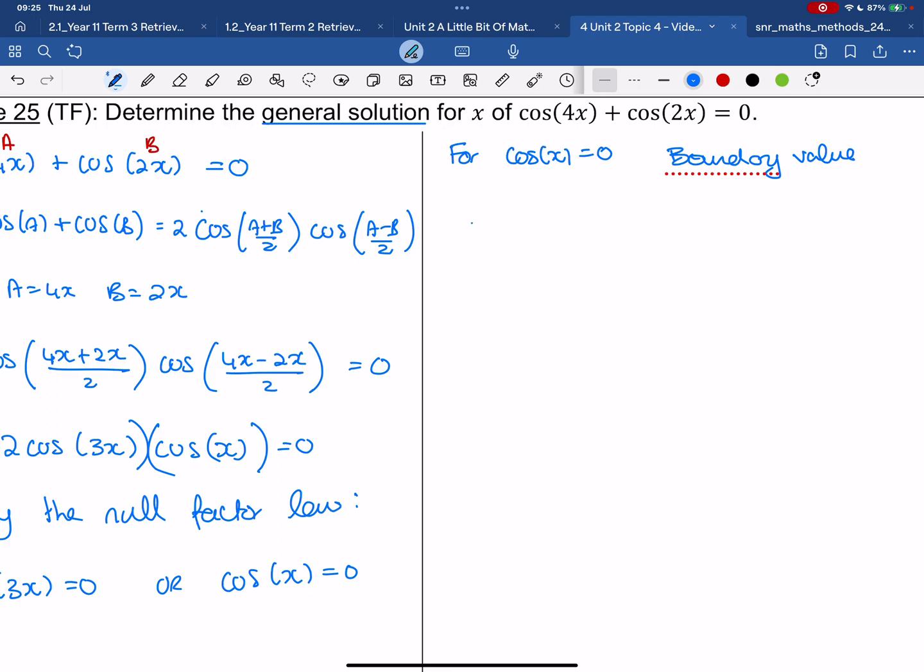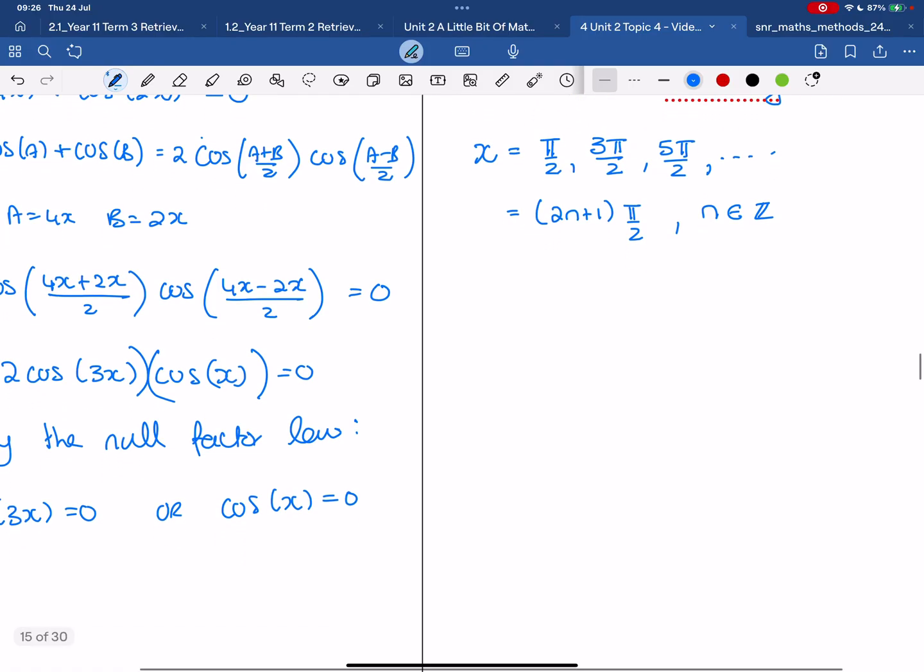So it's going to be when x is equal to pi on 2, 3 pi on 2, 5 pi on 2, etc. These are all odd multiples of pi on 2. So we're going to get an odd number. We need 2n plus 1 times pi on 2, and n is an integer. So that's our first solution.